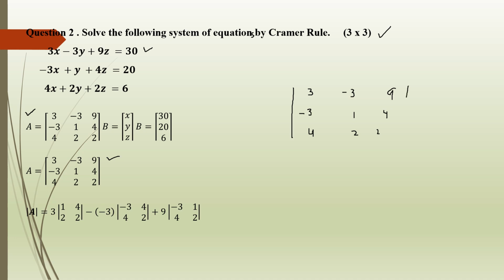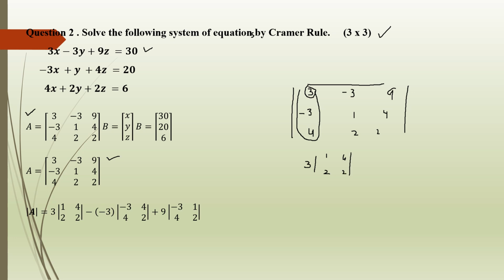When we find the determinant of this matrix, first of all we take this 3. This element occurs in the first row and first column, so we leave the first row and first column. The remaining elements are 1, 4, 2 and 2.